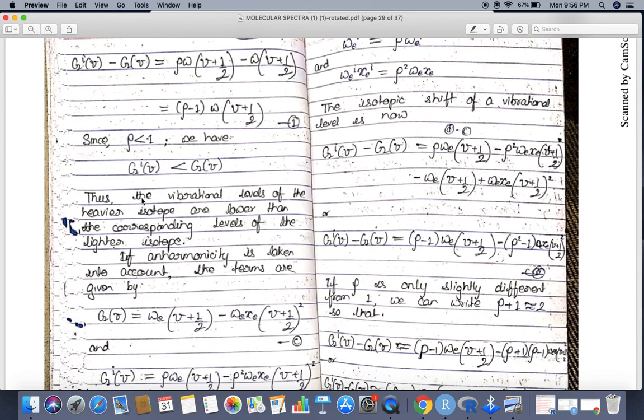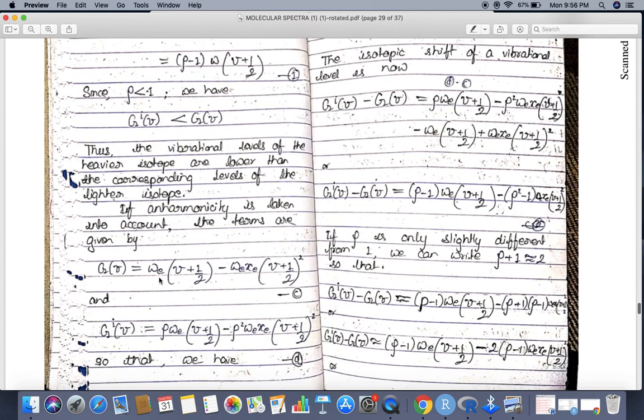Now, so far we didn't incorporate the anharmonicity of the diatomic molecule. Once you take it into account, then simply G(ν) = ω_e(ν + 1/2) − ω_e x_e(ν + 1/2)^2.